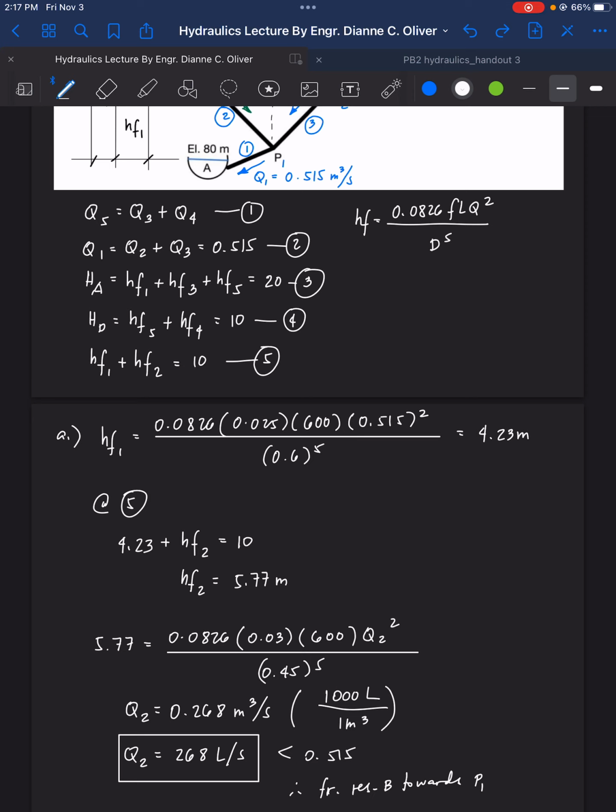So we can get the Q3 here and substitute at equation 3, knowing that we have values for HF1. So we're going to use equations 2 and 3.